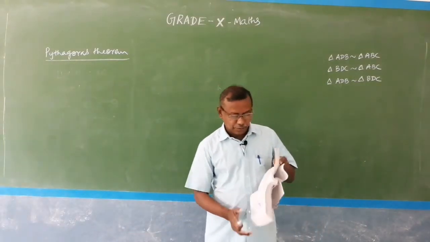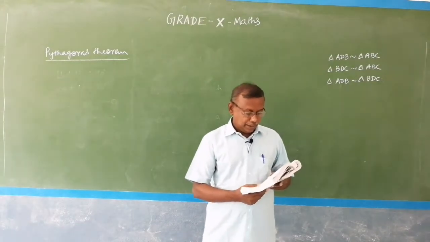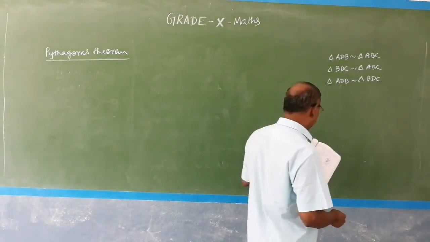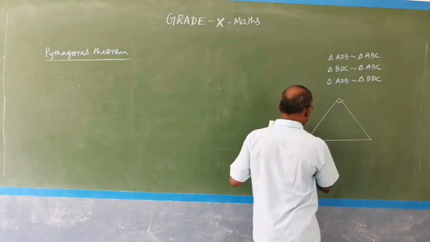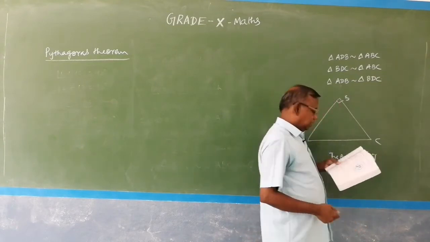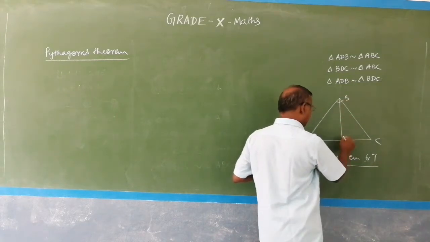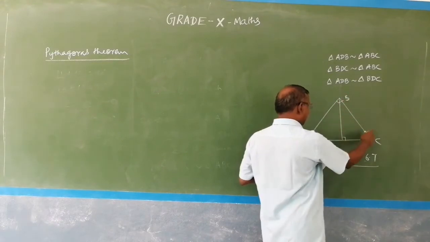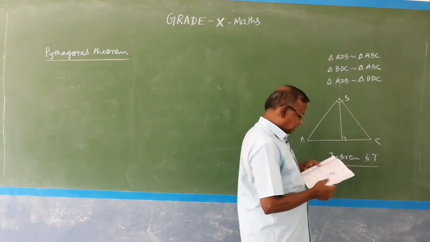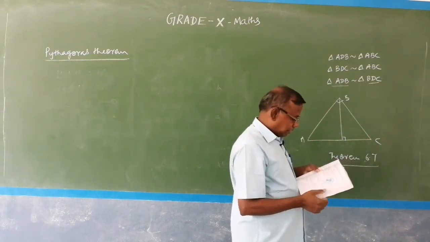Now, the Pythagoras theorem is theorem 6.8, on page 145. First, theorem 6.7, which we have proved: if a perpendicular is drawn from the vertex of the right angle of a right triangle to the hypotenuse, then the triangles on both sides of the perpendicular are similar to each other, that is ADB similar to BDC, and they are similar to the whole triangle also.